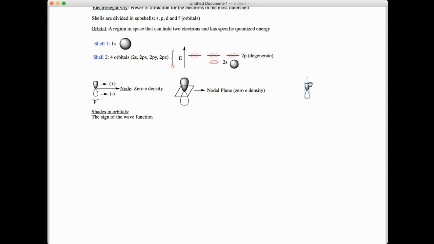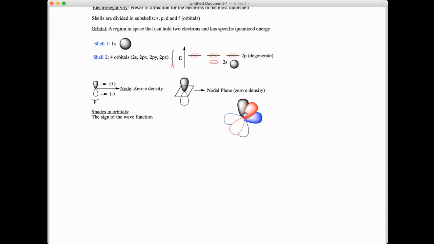I'm going to try to use color codes to show you what I mean by that. Okay, this is also extremely important.